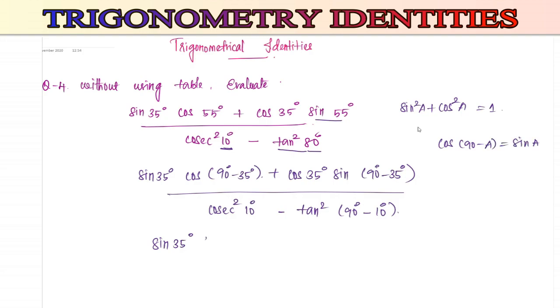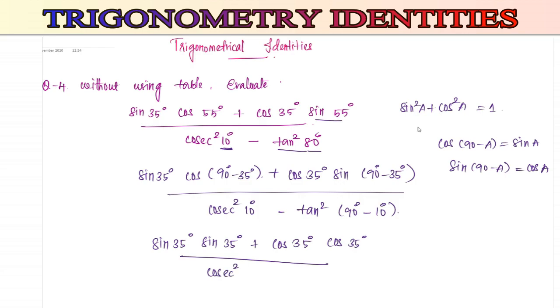You will get sin 35 degree plus cos 35 degree, sin 90 minus a is cos a. So we will get cos 35 degree divided by cosecant square 10 degree minus tan 90 minus a, the value will be cot a.